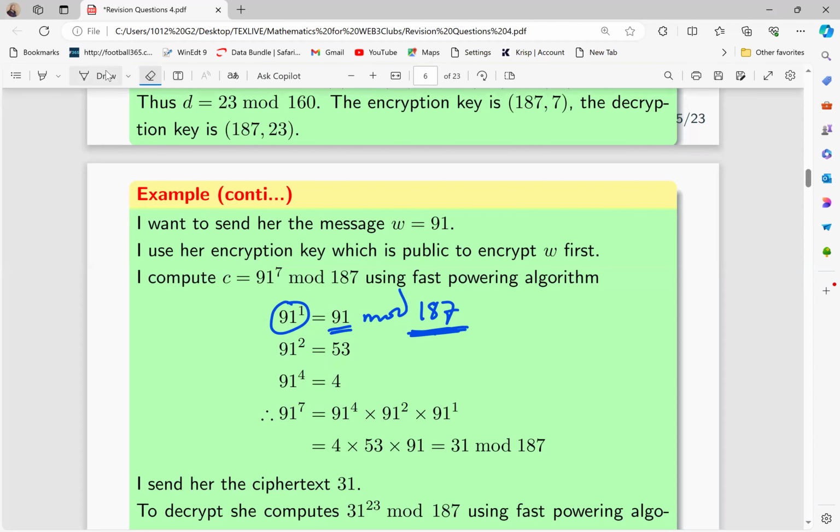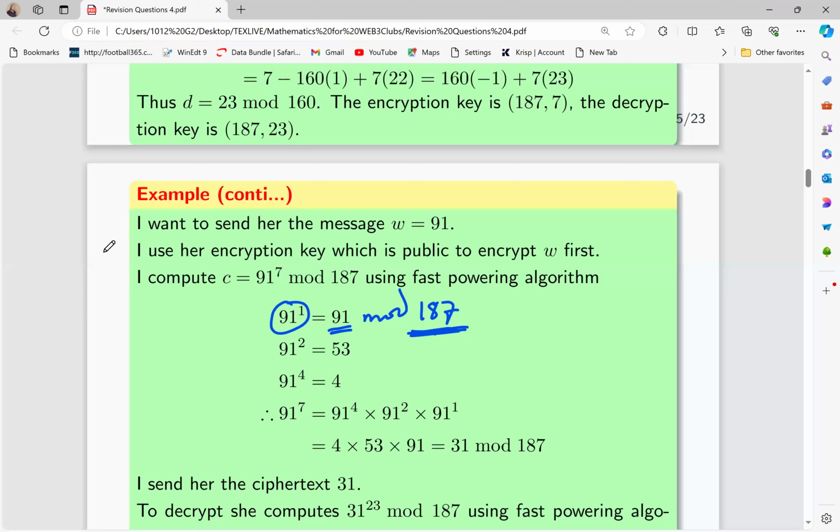Now, to get the next line, you're seeing what I'm pointing at. To get this, again, you're squaring the upper one. When you square the left side, you have 91 raised to 4. So again you square this, and the answer you get, divided by 187, the remainder is what you write here.